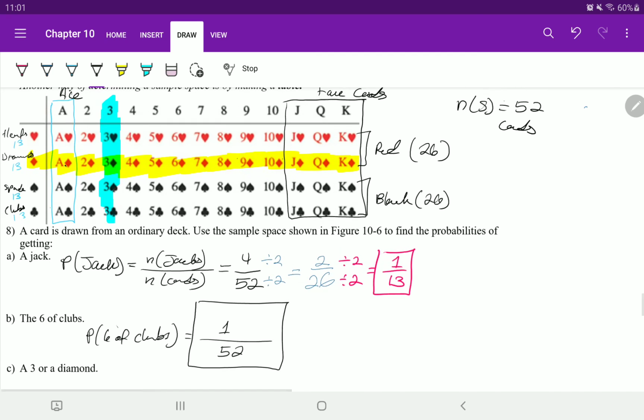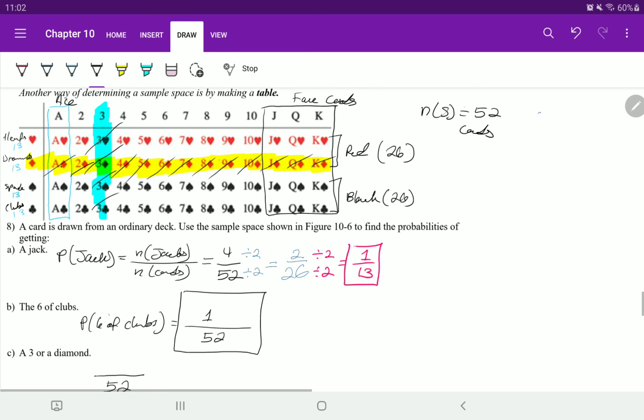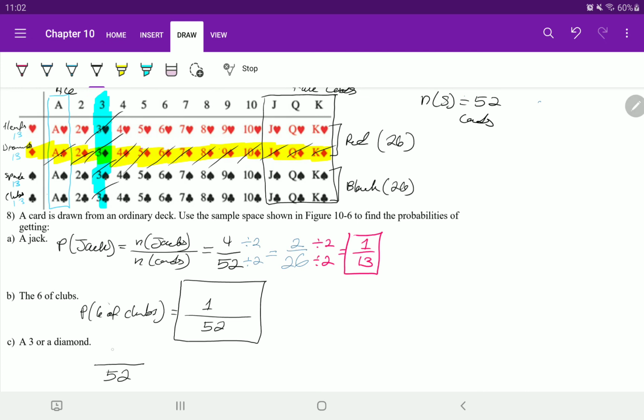Let's count that. 1, 2, 3, 4, right? 5, 6. Do not count the 3 of diamonds again. Continue with the 4 of diamonds. 7, 8, 9, 10, 11, 12, 13, 14, 15, 16. So the probability of getting a 3 or a diamond is going to be 16 out of 52. Or gives us options. It can be either one or the other or both.